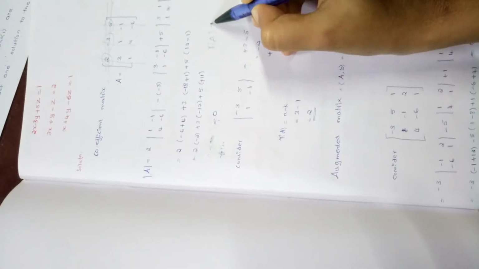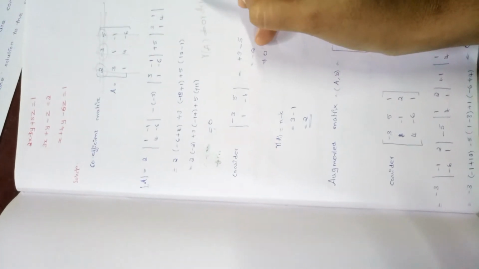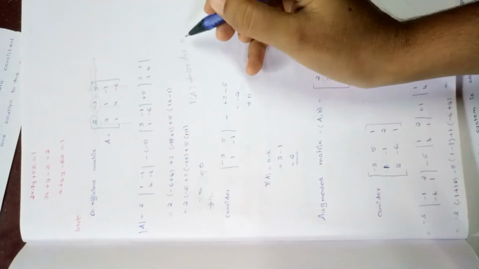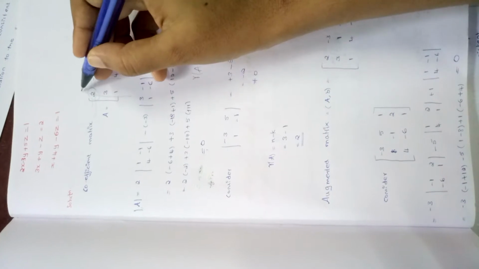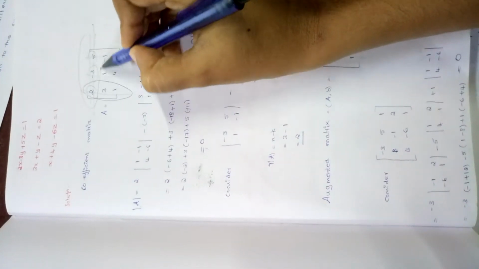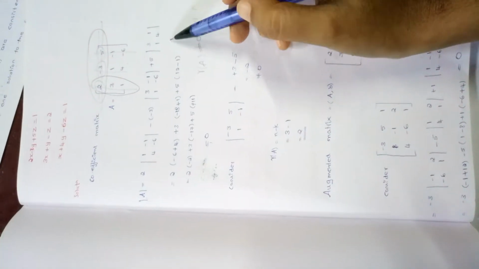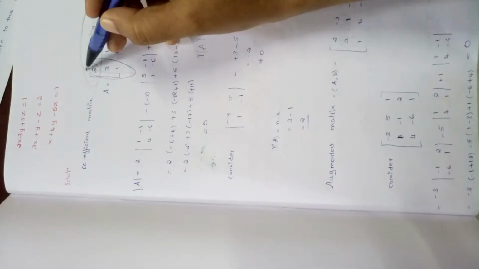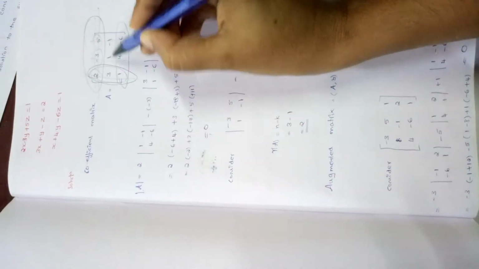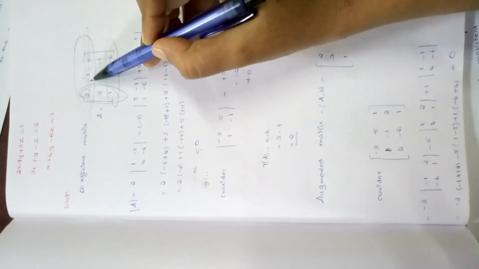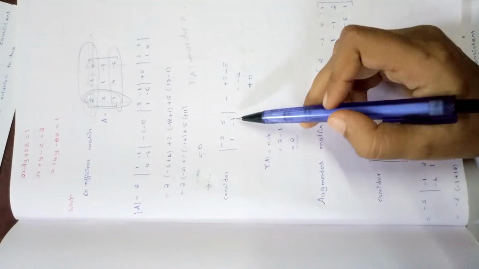So rank of A is not equal to order n. Therefore we will delete the first row and first column, or otherwise you can delete the first row and last column. So the remaining is [-3, 5; 1, -1].